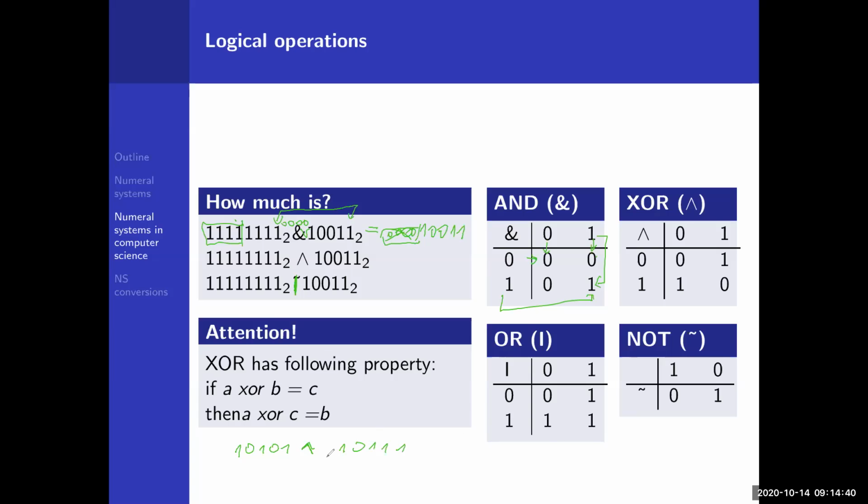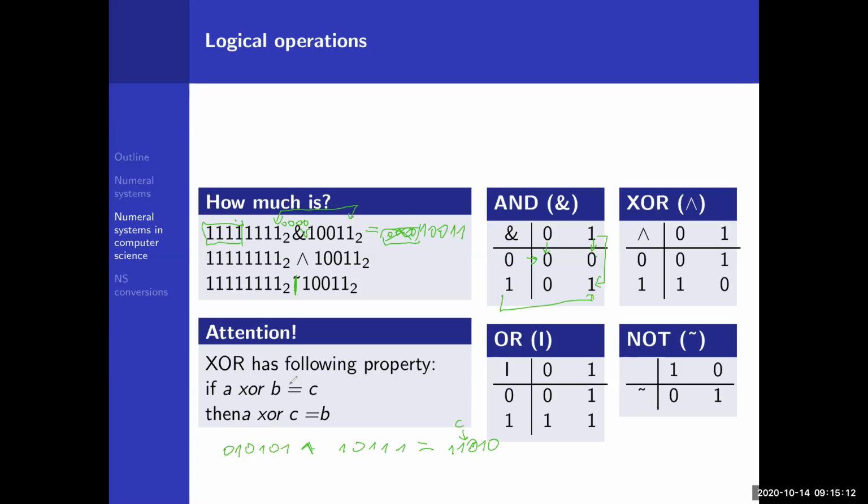So how much is it? So 1 and 1 gives 0, according to this. 1 and 0 gives 1. 1 and 1 is 0. Then 0 and 1 is 1, and 1 and 0 gives 1. So it's my value C.